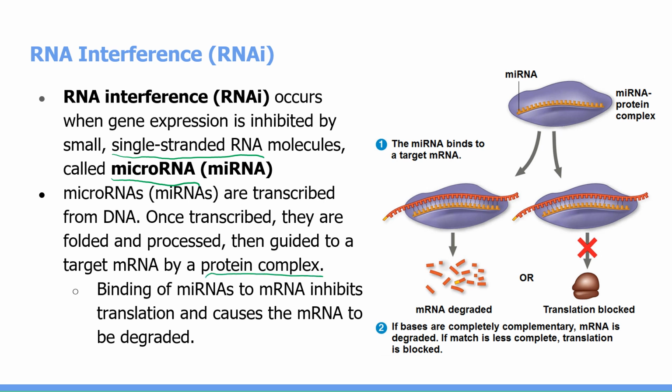Then, binding of the miRNAs to the mRNA inhibits translation and causes the mRNA to be degraded. So, to summarize, miRNA marks an mRNA to be degraded. Translation cannot occur. Boom, done.